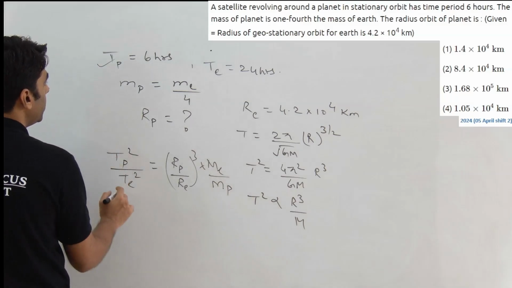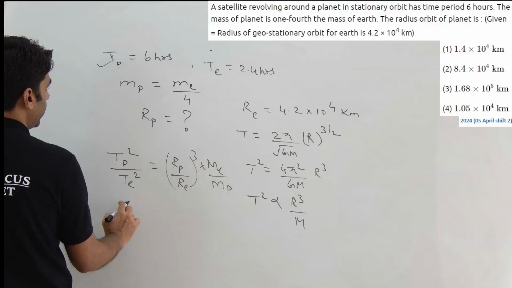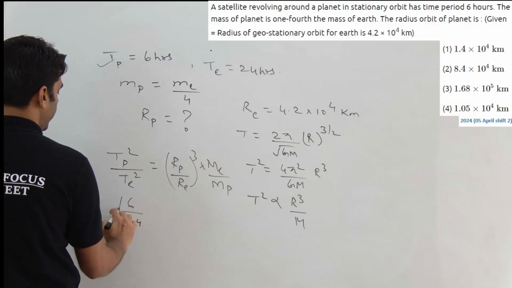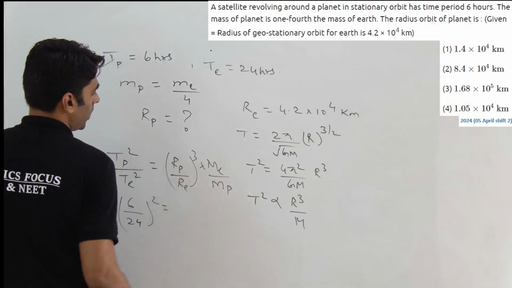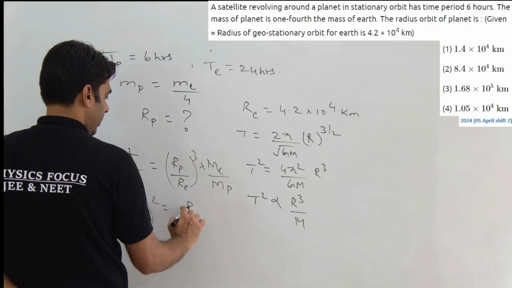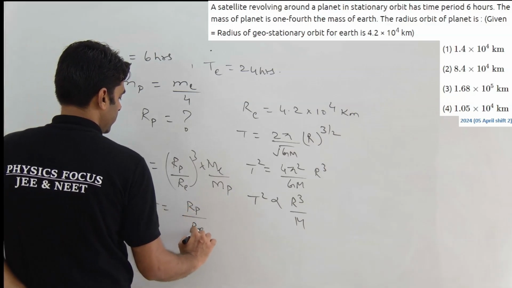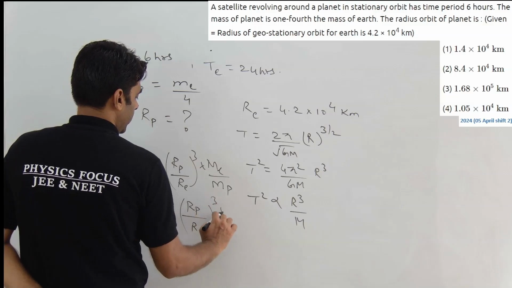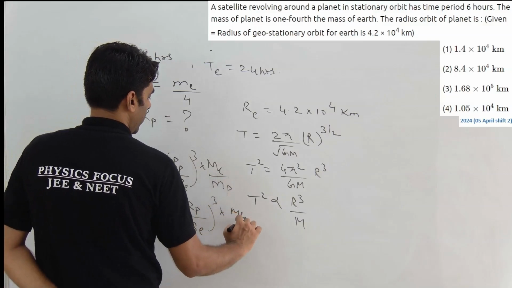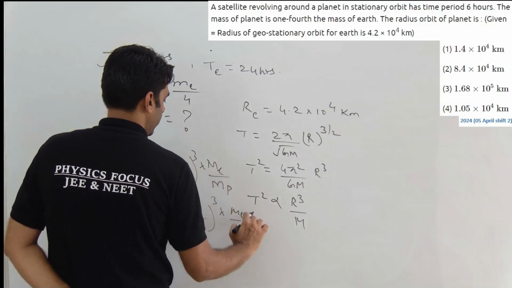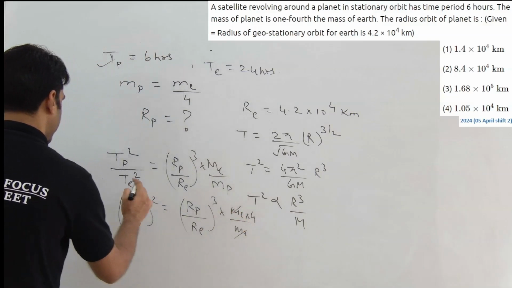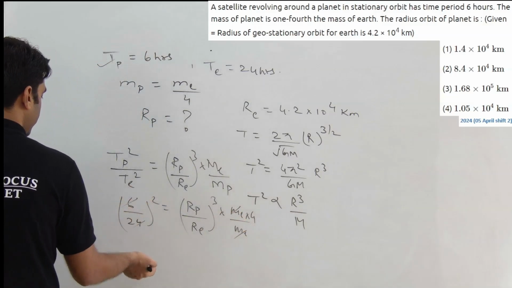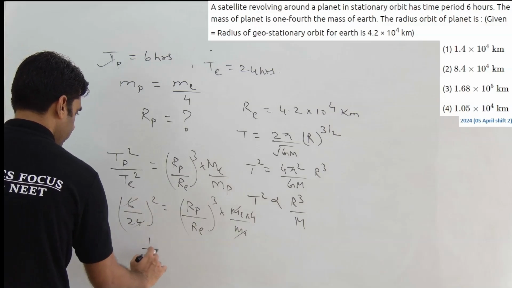So Tp by Te, we can write it 6 by 24 square is equals to Rp by Re, which is given to us, whole cube, into Me. Me by Mp is Me by 4. So ultimately this comes out to be 1 by 4. 1 by 4 square will be 1 by 16.